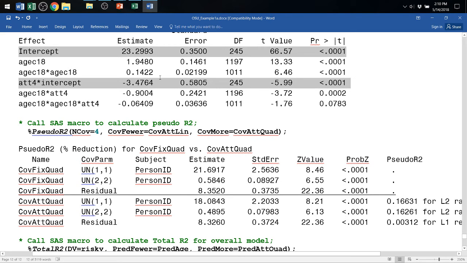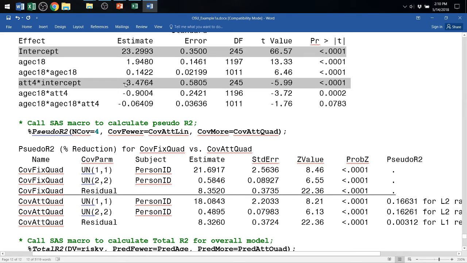Okay. So would anyone like to play along? Interpret the coefficient of negative 3.5. No one wants to play. Go down because it's negative.